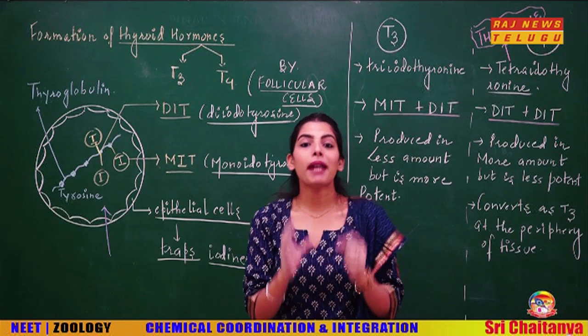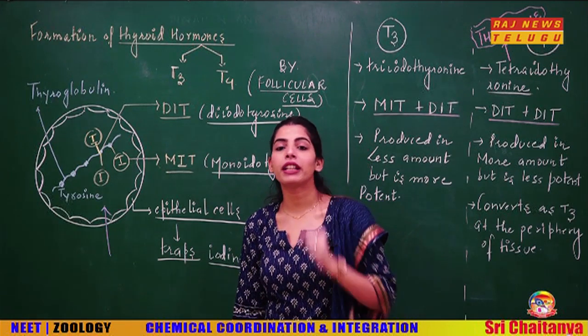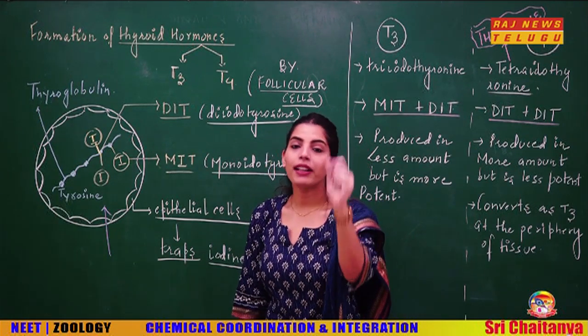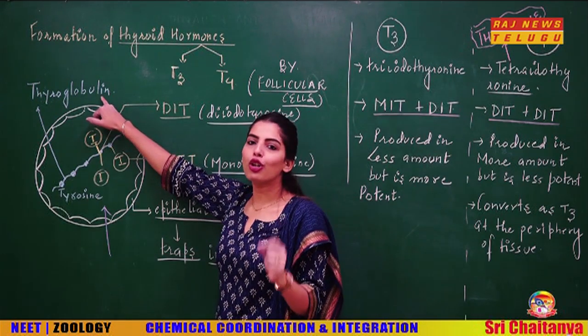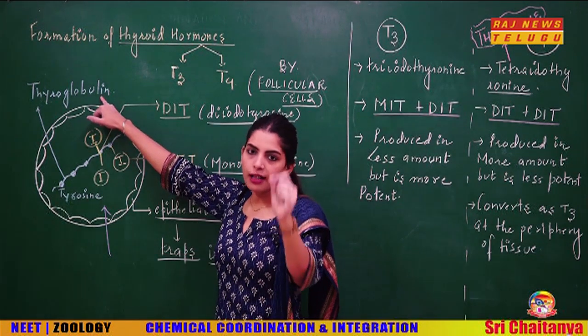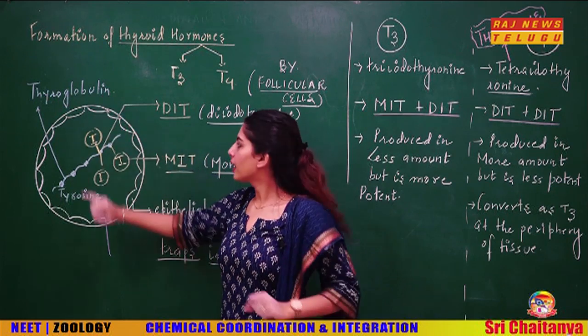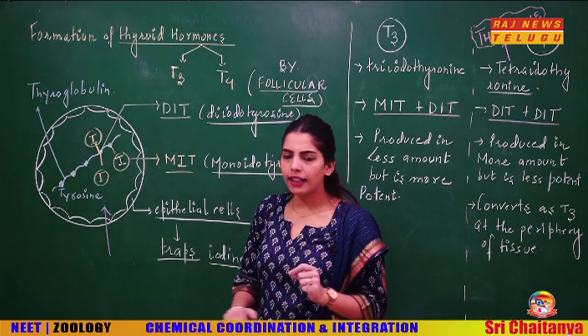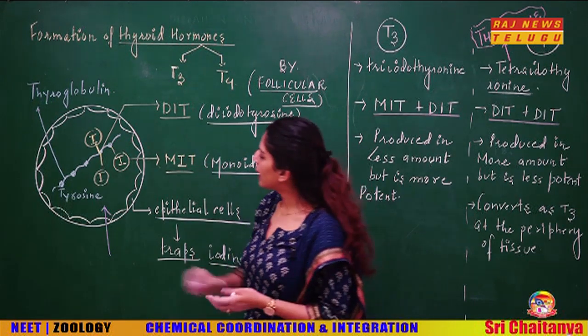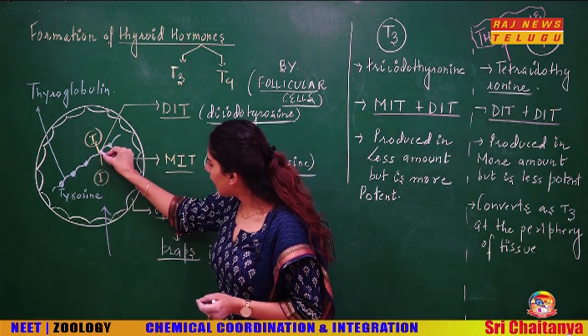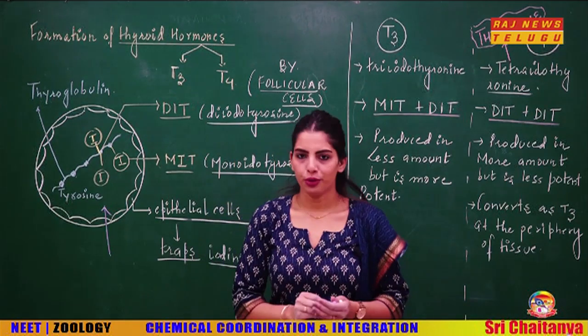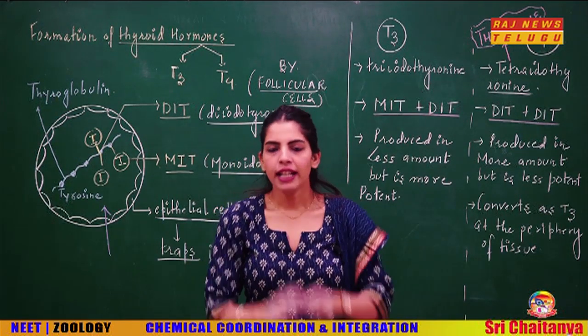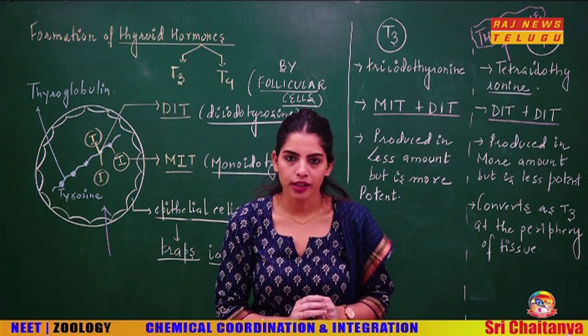This space has a glycoprotein, which is thyroglobulin. Now this thyroglobulin, this blue one which I have made, what I have shown with these small dots is the tyrosine residues.